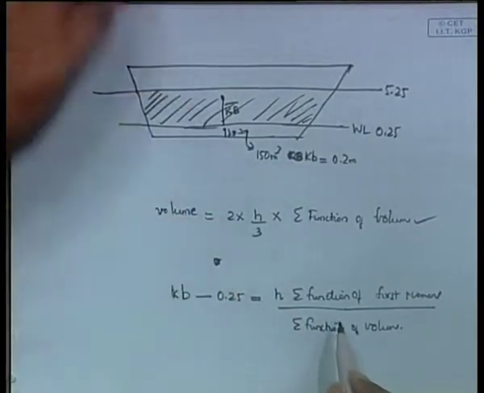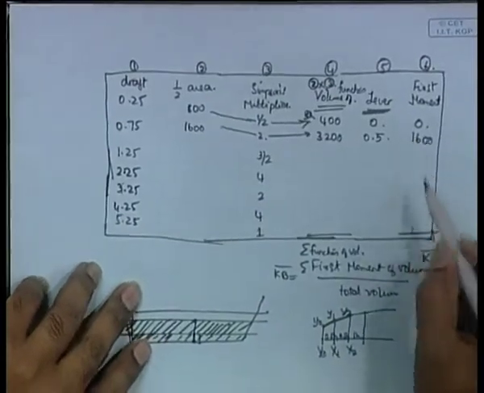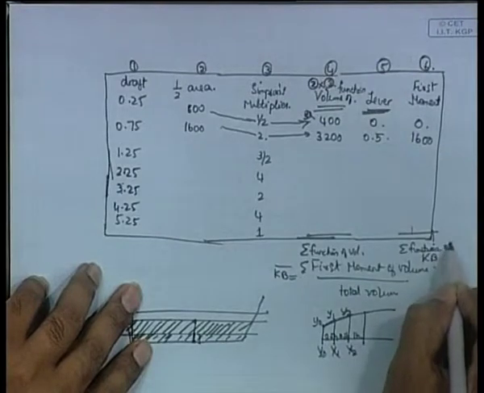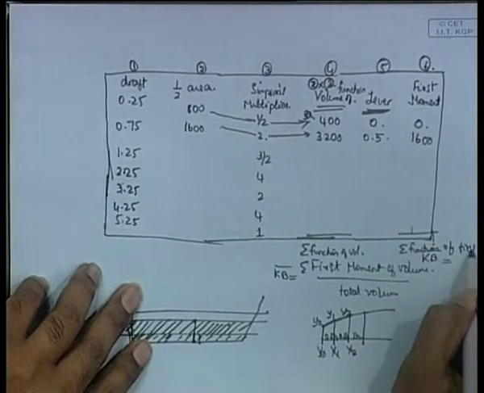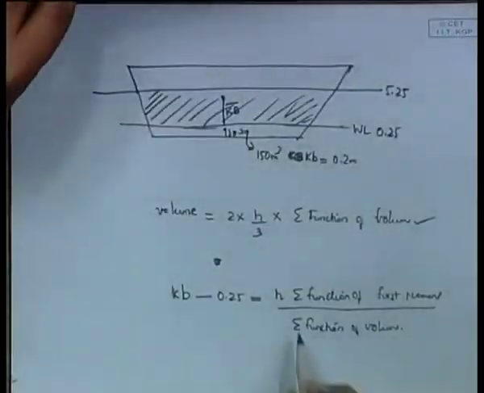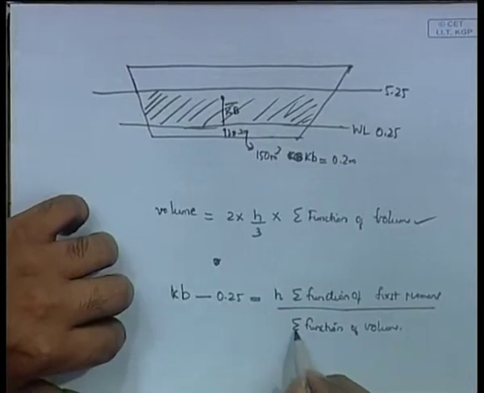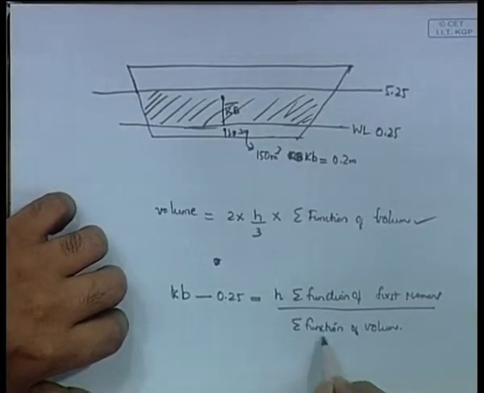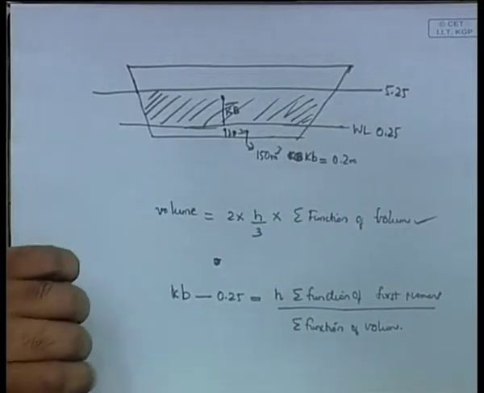H into function of first moment. This thing, sigma function of first moment. Sigma function of moment is the sum total of all these moments. So sigma function of first moment into h divided by sigma function of volume. Isn't there an h by 3?